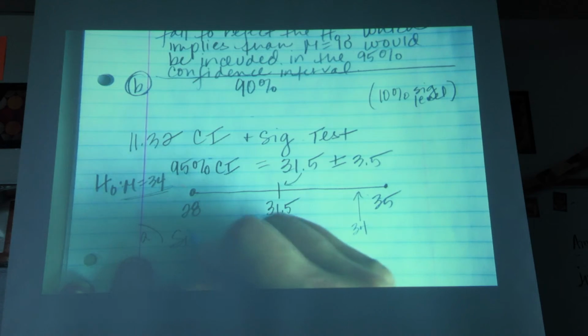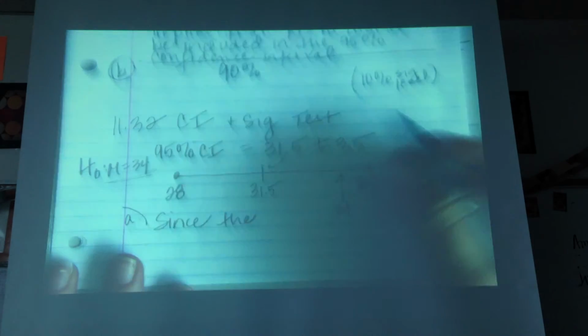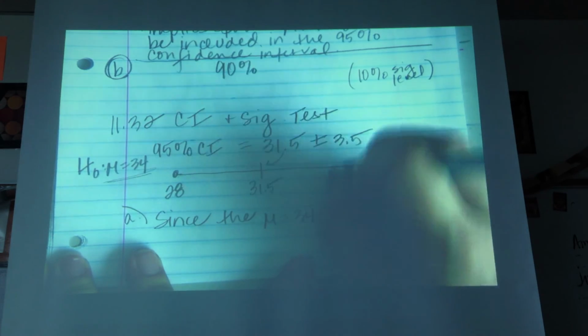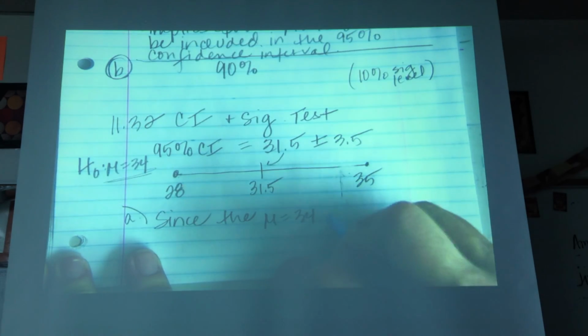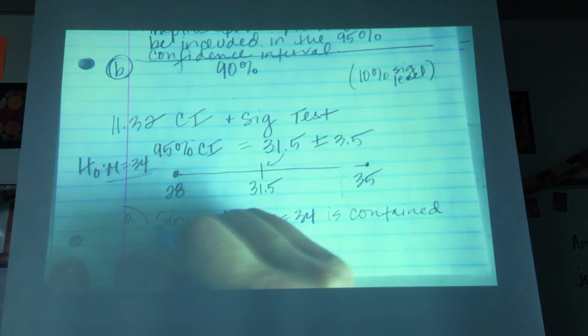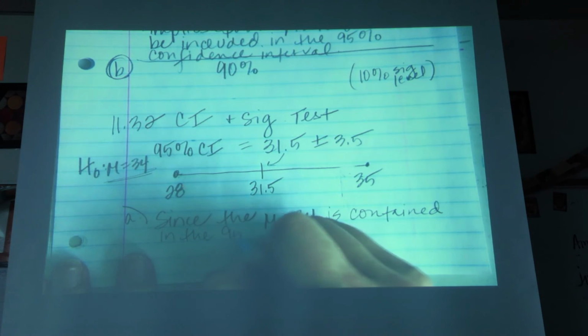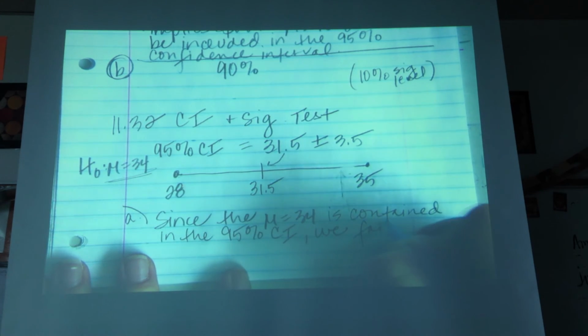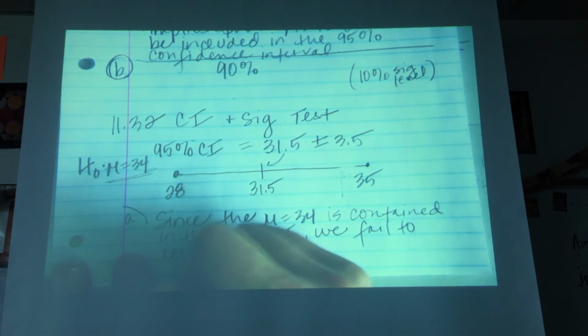So since the mu, 34, is contained in the 95% confidence interval, we fail to reject at a 5% level.